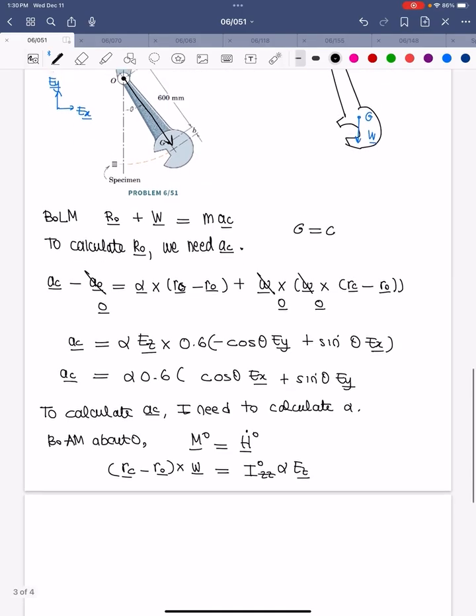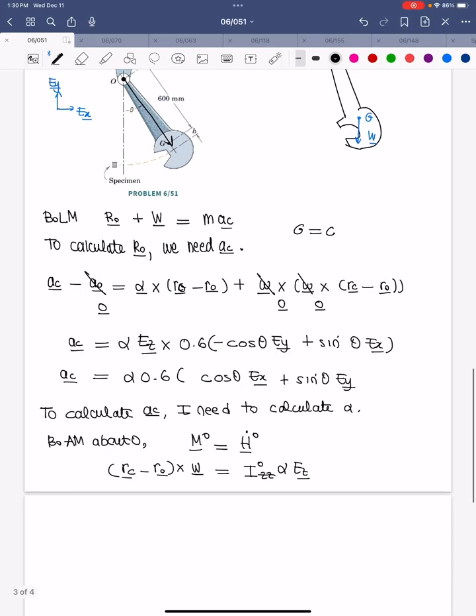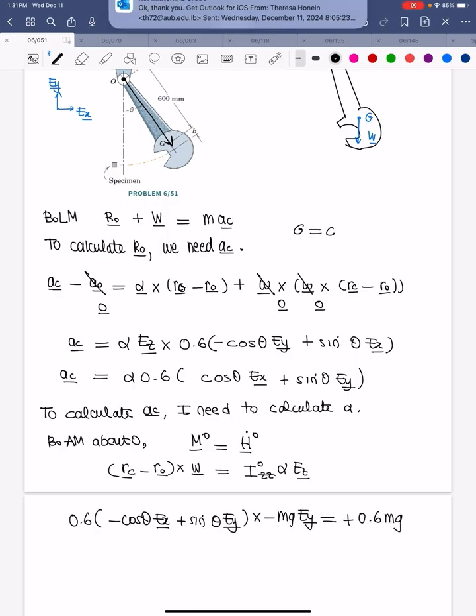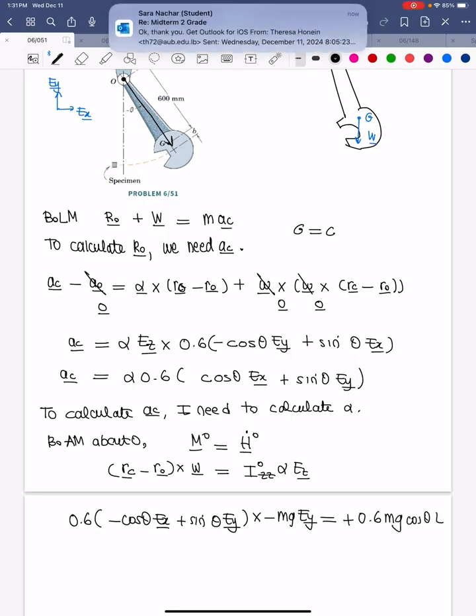So then we can calculate that RC minus RO is 0.6 minus cosine theta EX plus sine theta EY cross minus mg EY, which is equal to minus 0.6 mg cosine theta EZ.